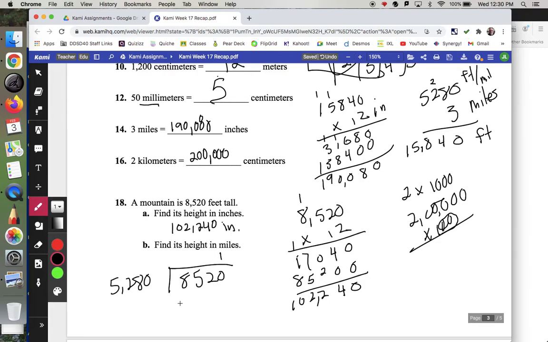It goes in there once, and I have 2,940 left over. And I'm going to put a decimal point right here and bring down a 0.